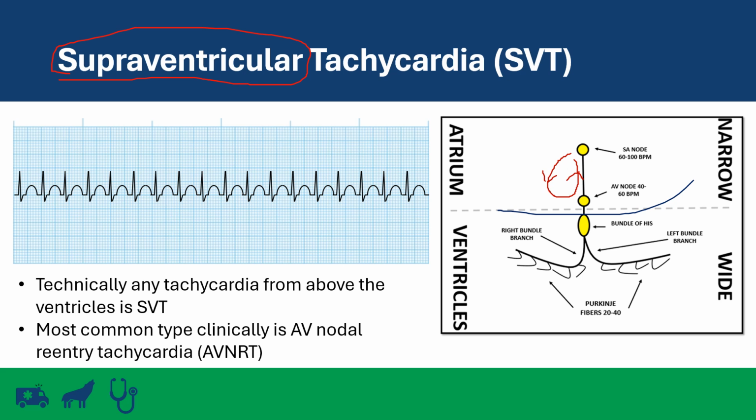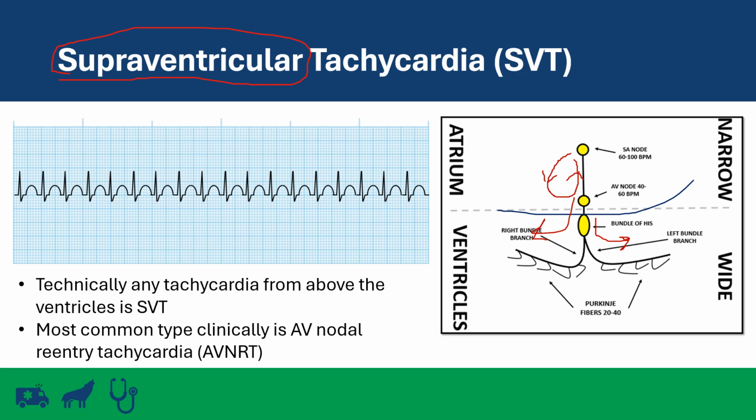And what you do is you just kind of have a cycling of this. But unfortunately, the impulses are able to make it down to the ventricles, and they get captured and they cause depolarization. So you have that impulse that gets caught in this reentry cycle that leads to firing and depolarization and contraction of the ventricles, and it causes it to do so way too fast.